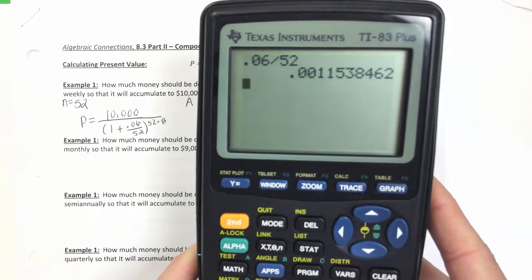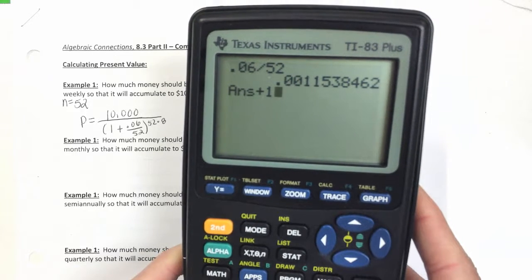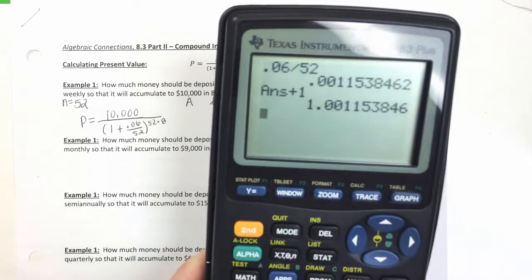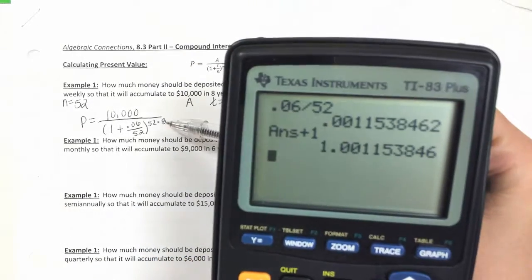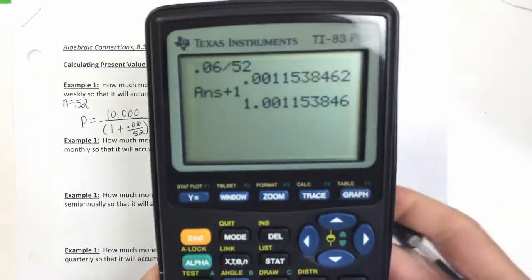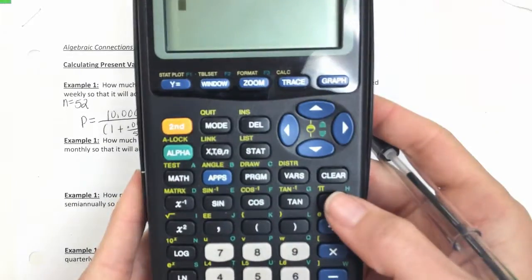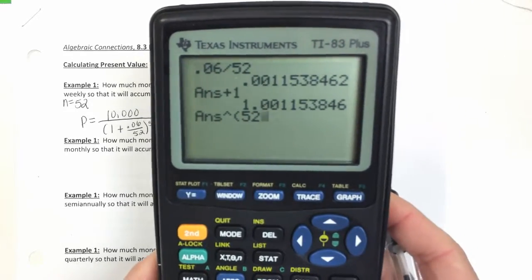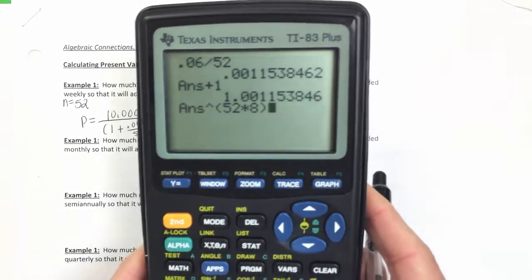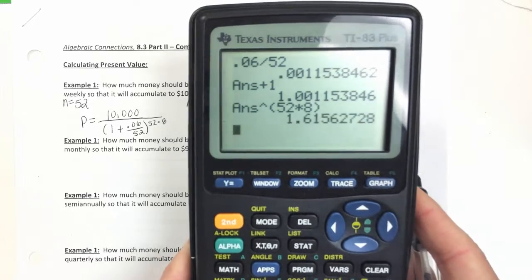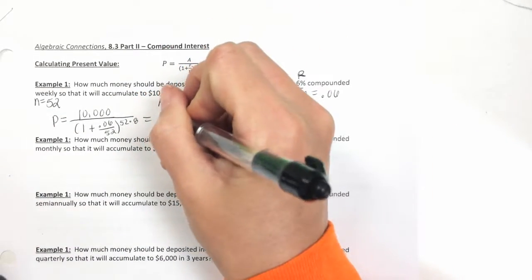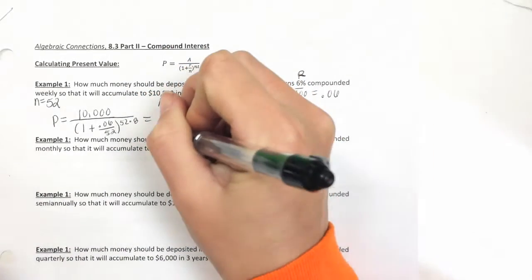Hit enter, and then plus 1, enter, and then you see we have to raise it to the 52nd power times 8, so you can just type in raise to, that's this button, the arrow, and then put in parentheses 52 times 8, close your parentheses, enter. And so now we've calculated our denominator, so you can write it down if you would like, or I'll show you how to just go from the calculator.